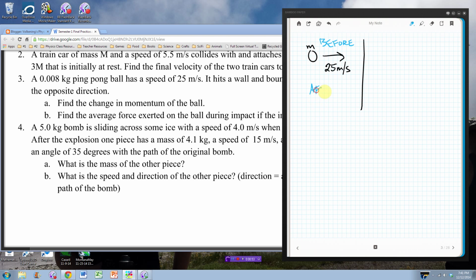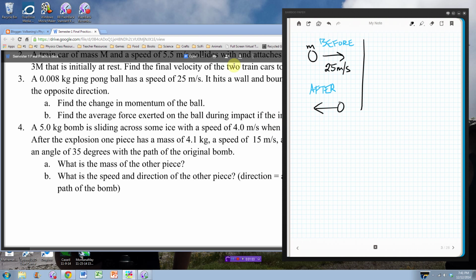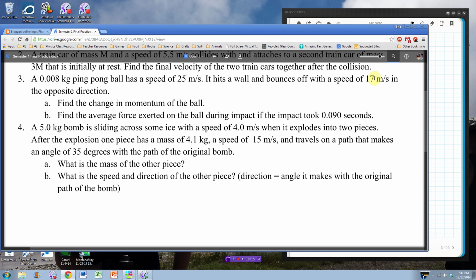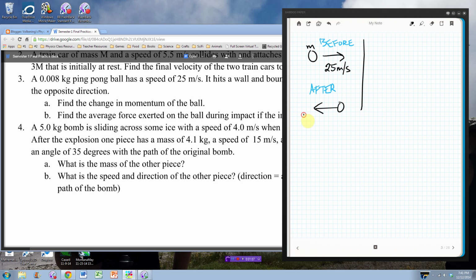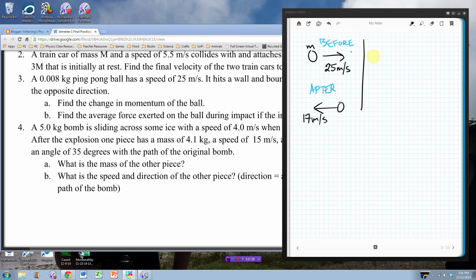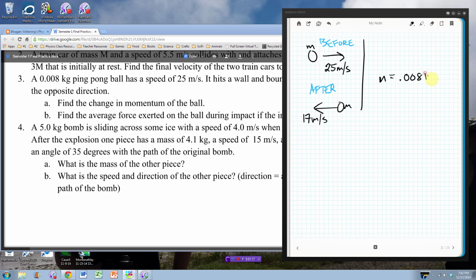And then afterwards, it hits the wall, exerts a force on it, and the ball heads back the other way with a speed of 17 meters per second. And the mass is 0.008 kilograms, because it's a ping pong ball.